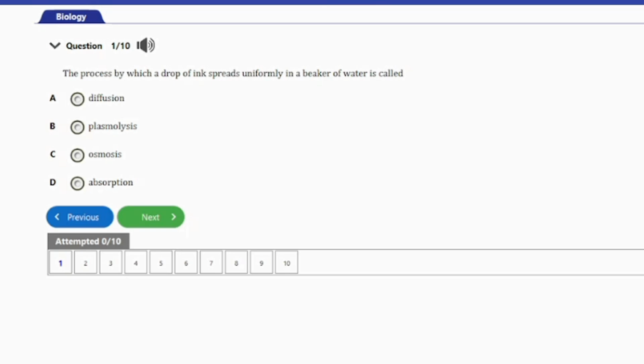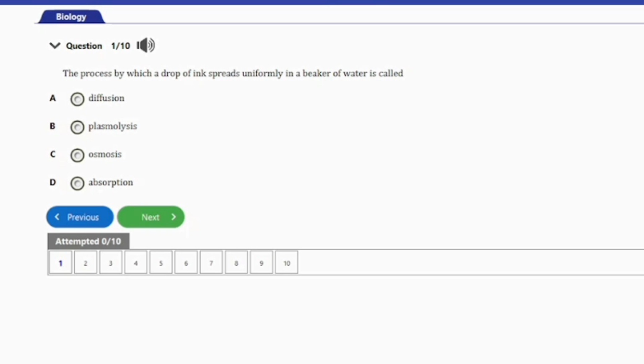It says, the process by which a drop of oil spreads uniformly in a beaker of water is called: A. Diffusion, B. Plasmolysis, C. Osmosis, D. Absorption. The answer to this question is option A, diffusion.